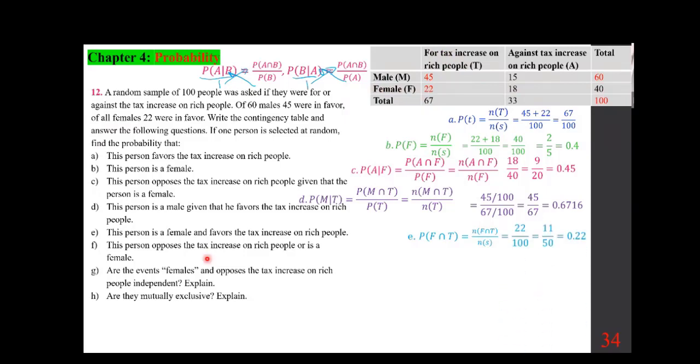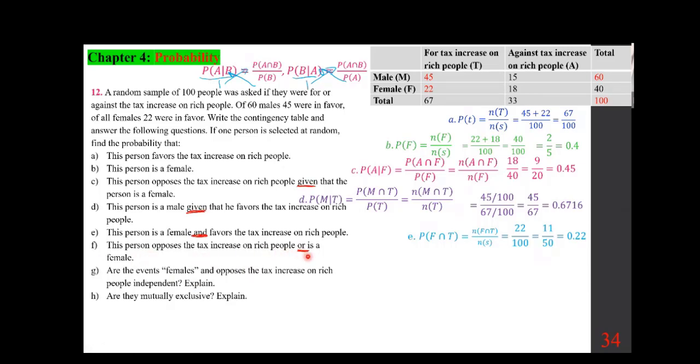The next one: this person opposes a tax increase on rich people, or female. This is an or statement. The earlier one was an and statement, and the one before, a conditional probability.